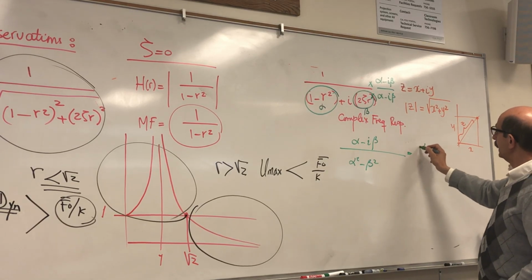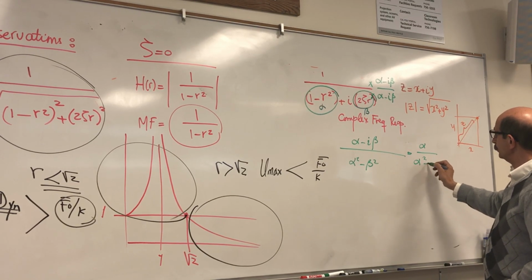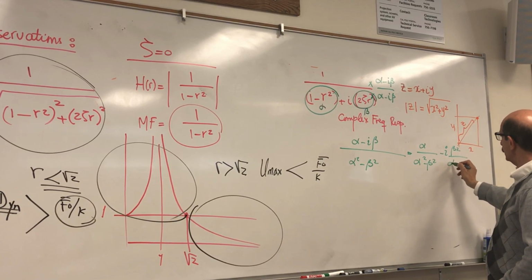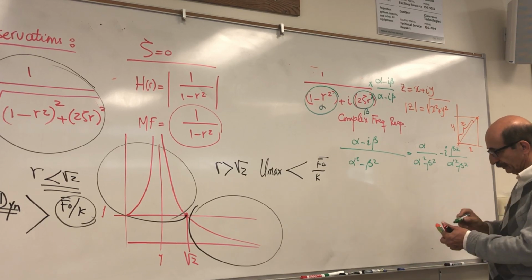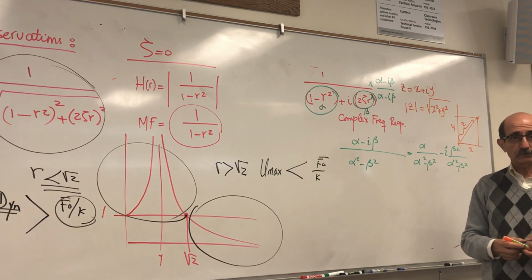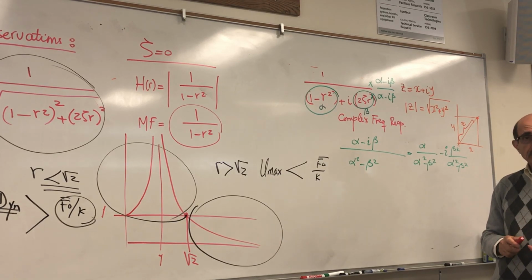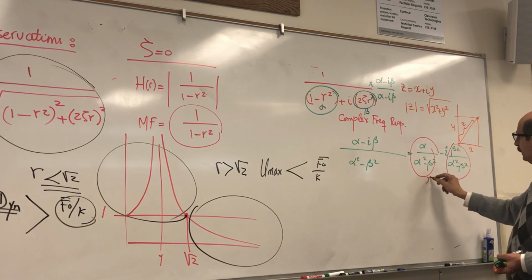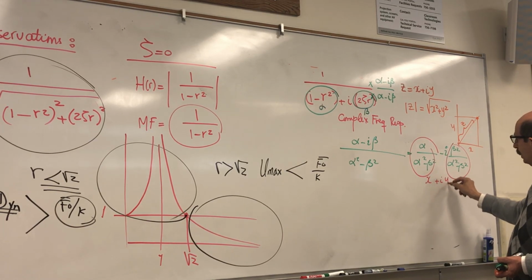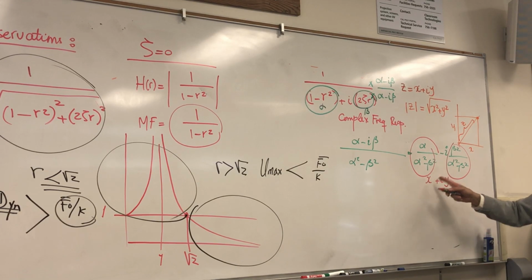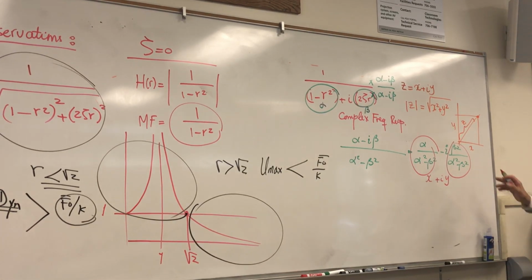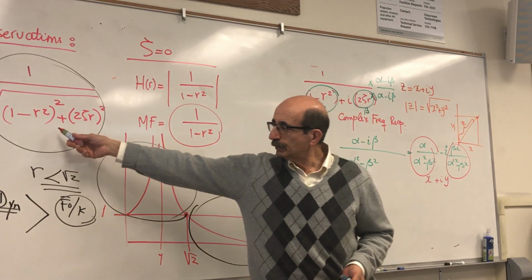So this would be alpha over alpha squared plus beta squared minus i beta over alpha squared plus beta squared. You see that we turn this complex number to a form which looks like x plus i y. Now if you take the square root of x squared plus y squared, you'll get this.